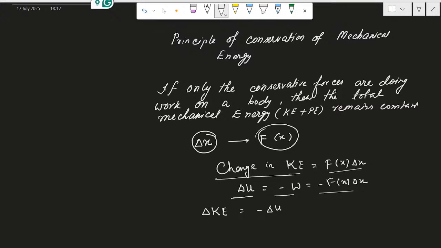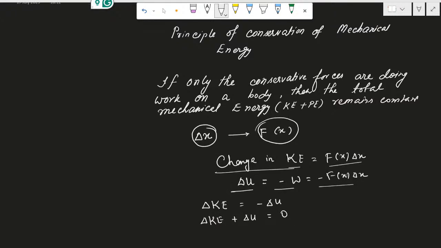You can see when the kinetic energy is increasing, the potential energy is decreasing. There is no point in the Newtonian frame where you have maximum potential energy and maximum kinetic energy together. If you have maximum potential energy, the kinetic energy should be zero, and vice versa. Correct? So delta Ke plus delta U is equal to 0.